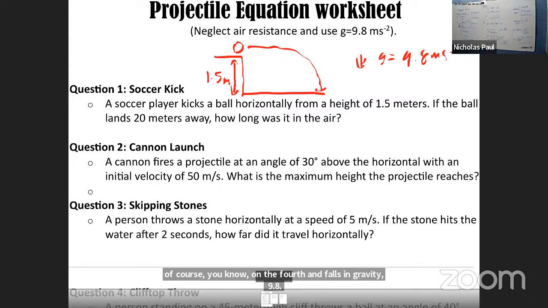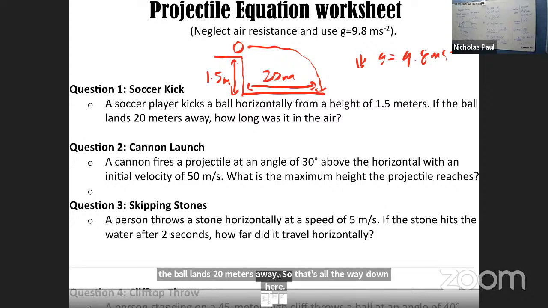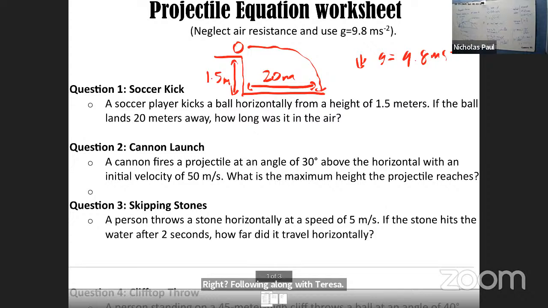If the ball lands 20 meters away, all the way down here, how long will it take to reach there? From what I'm seeing, we have S vertical, S horizontal, and acceleration vertical.